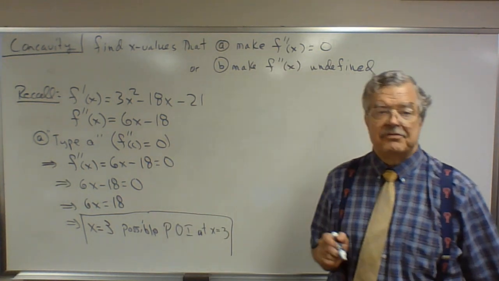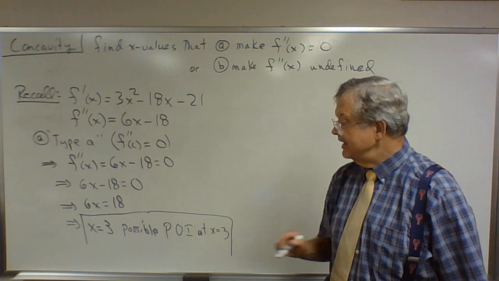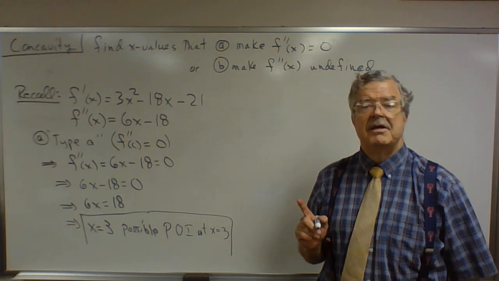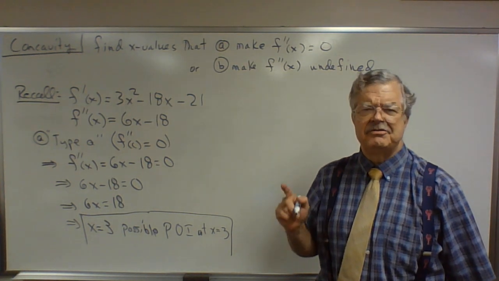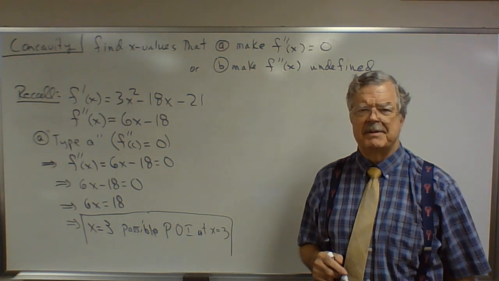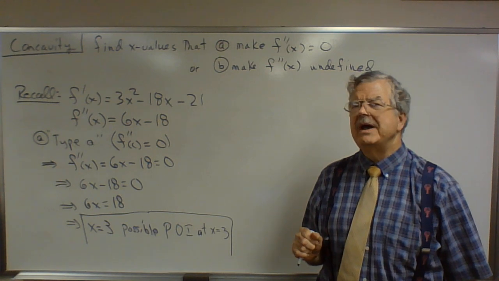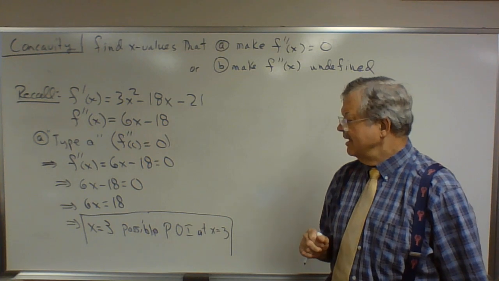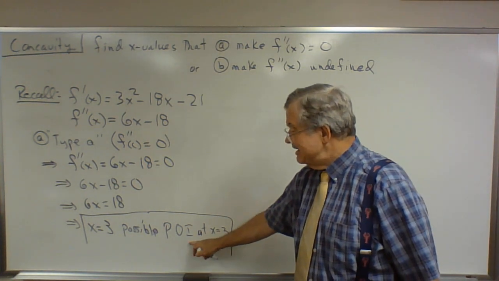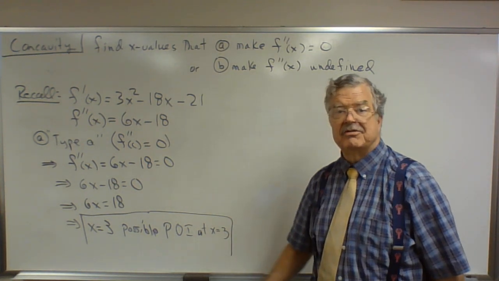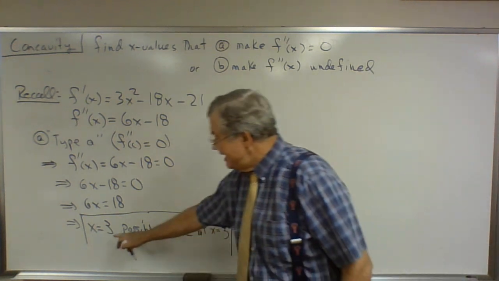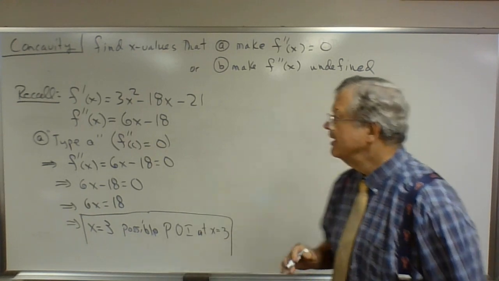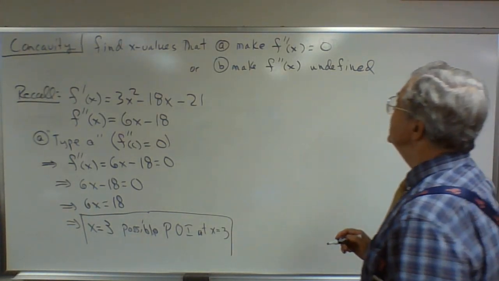I won't know for certain if we have a point of inflection at x equal 3 until I can establish that the function actually does change concavity at that point. So this is a subtle way in which critical numbers and points of inflection differ. I have a candidate for point of inflection here, but this candidate has not passed the confirmation hearings. Let's see, type B.